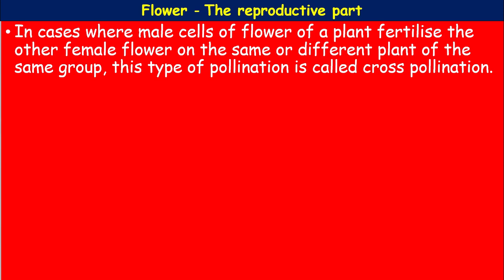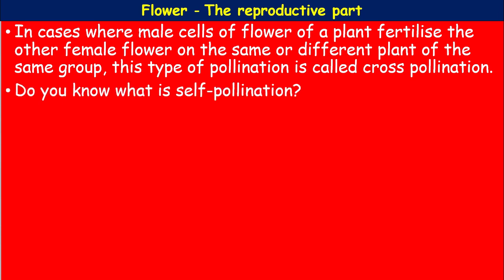Okay, that is the best example where you can find only the cross pollination. Okay, in cases where the male cells of the flower of a plant fertilize the other female flower on the same or different plant of the same group, this type of pollination is called cross pollination.